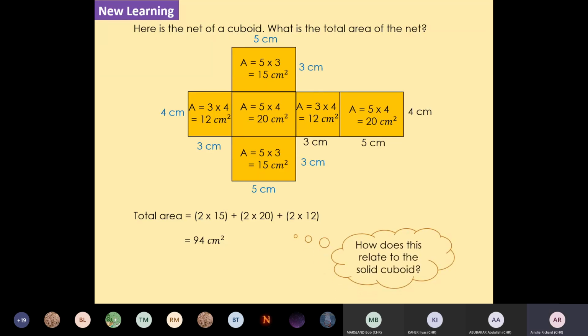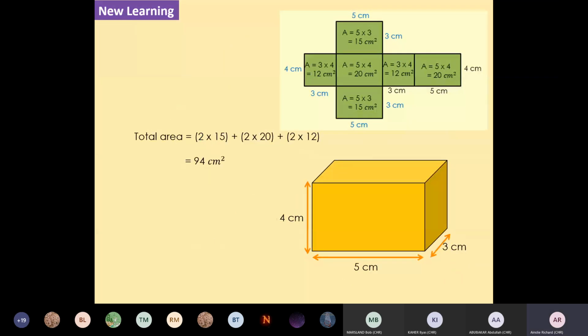So here's the same example here. So 94 centimeters squared. So this is what my 3D cuboid would look like if this is all folded together to form the 3D shape. This is what it would look like. So again, that 20 centimeters squared was for the front and for the back.